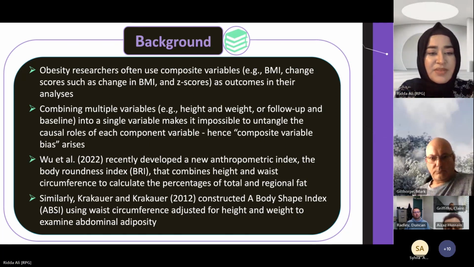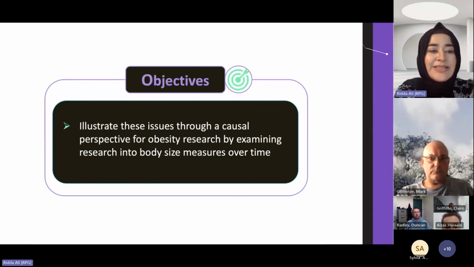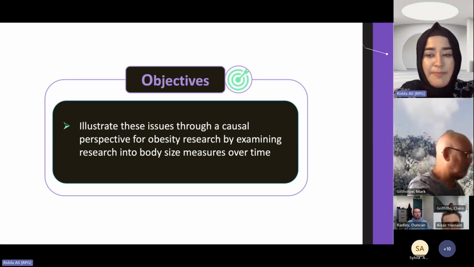Similarly, Krakauer and Krakauer came up with a body shape index using waist circumference adjusted for height and weight to examine abdominal fat deposit. Hence, this study focuses on illustrating these issues through a causal inference approach for obesity research by examining research into measures of body size over time.